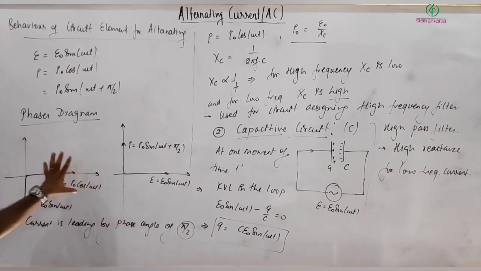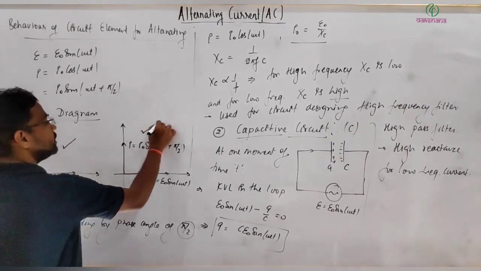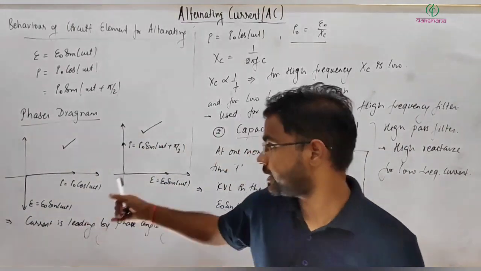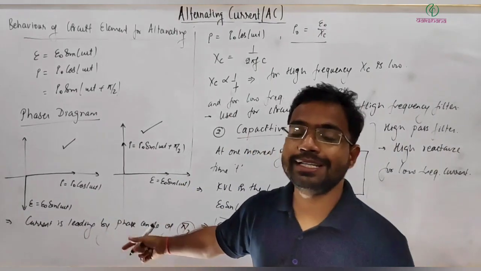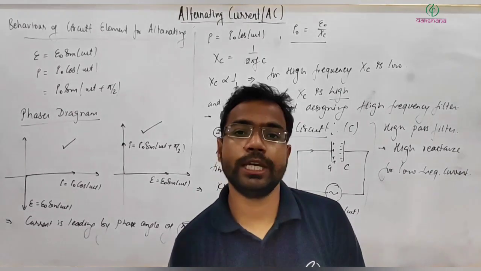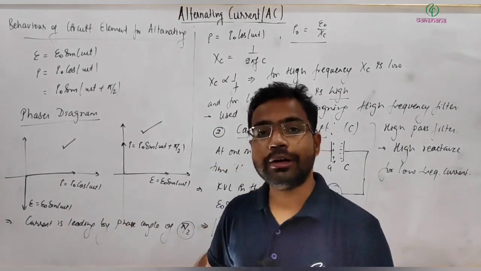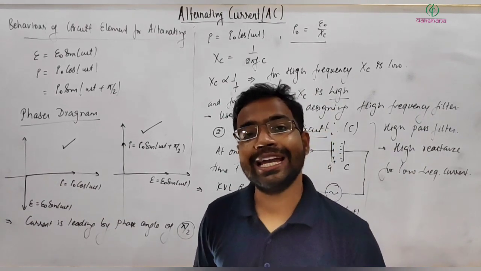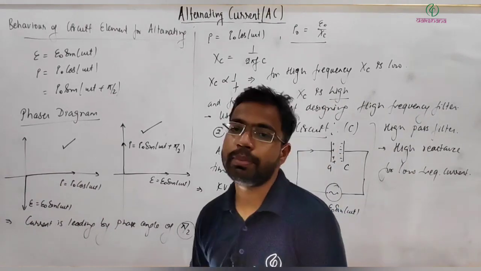There is nothing wrong, and these are very important. Try to remember either one. It's the same thing, you can remember either one, but it's very important to remember them. In a capacitive circuit, your current leads voltage by pi by 2. I can say it another way also, that voltage lags current by a phase of pi by 2.